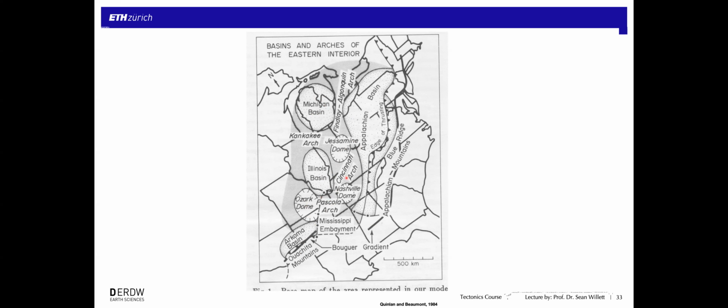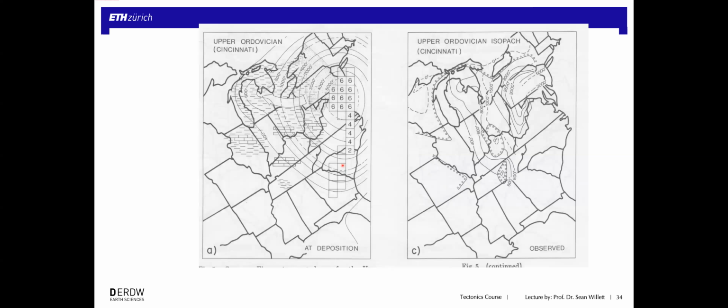But a lot of these domes have no reason to exist, except that they make up a part of this arch system, which really defines the peripheral bulge of the foreland basin out here. But rather than being a bulge with cylindrical symmetry, it's a series of disconnected domes, and this could be due to some kind of interference pattern in the loading.